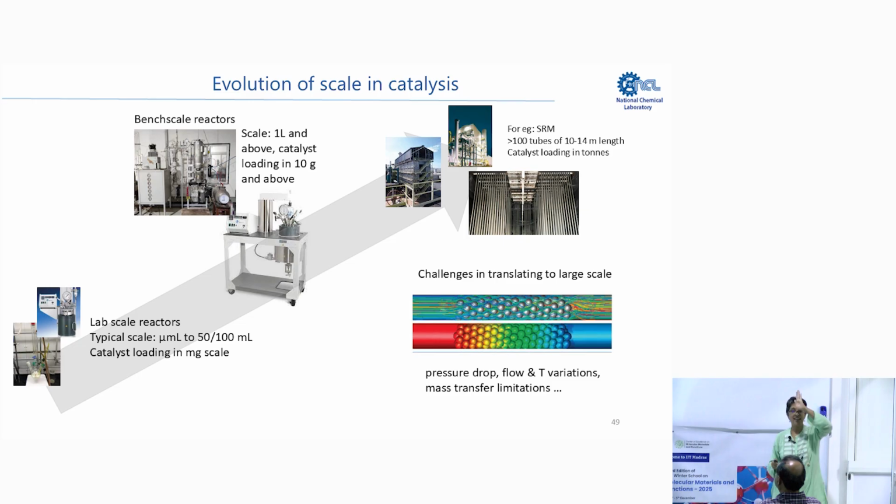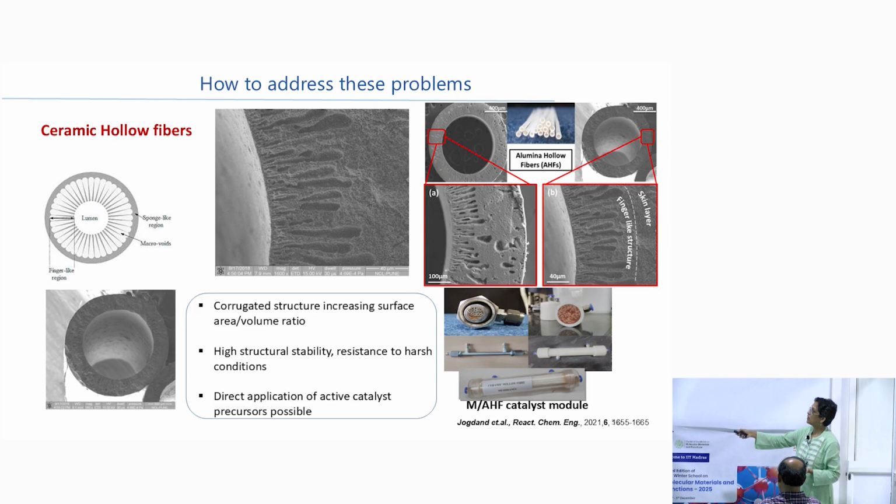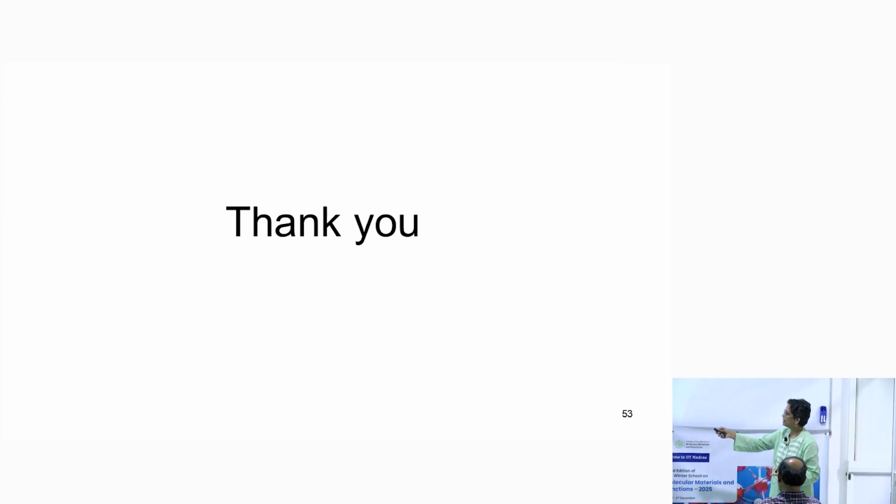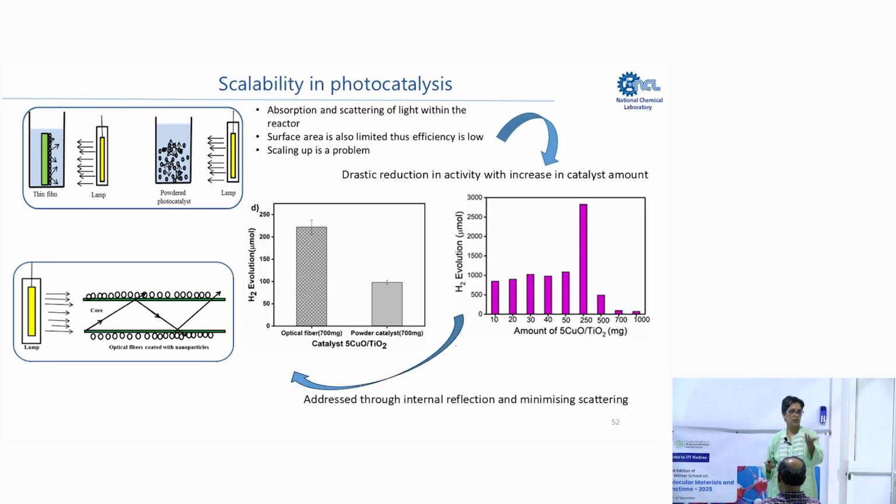That is a scale which nobody can do in the lab. But when you are working on it, you can think that from here I need to go to a different scale, so your design of the catalyst can be based on that knowledge. One of the common things people are now working on is photocatalysis, right?